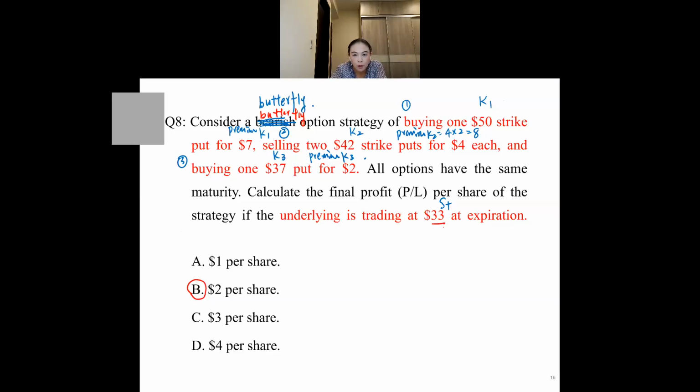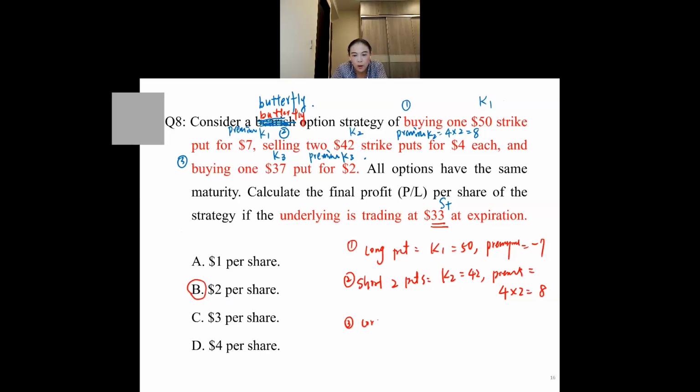So 33 is our ST. Okay, so you have a long put, K1 equals 50, and then premium is -7, and then secondly you have a short 2 puts, and your K2 equals 42, premium equals, pay attention, 4 times 2 is 8, and you are shorting, so you receive the premium.